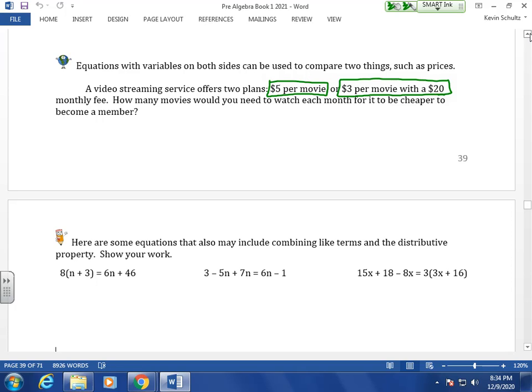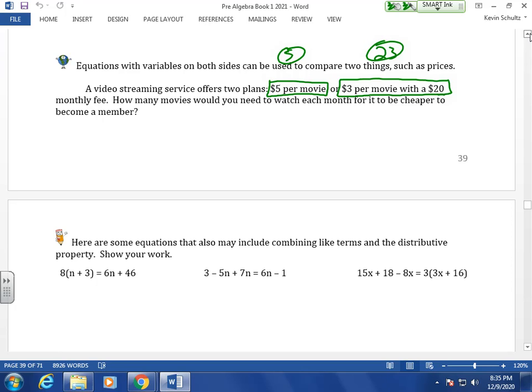So what you need to decide is, how many movies do you watch a month? If you only watch one movie, you're spending $5 with that company, but with this one, you're spending $3 for the movie plus the monthly fee. You're spending $23 with that company. So obviously for one movie, you're just going to pay the $5 for it and call it good.